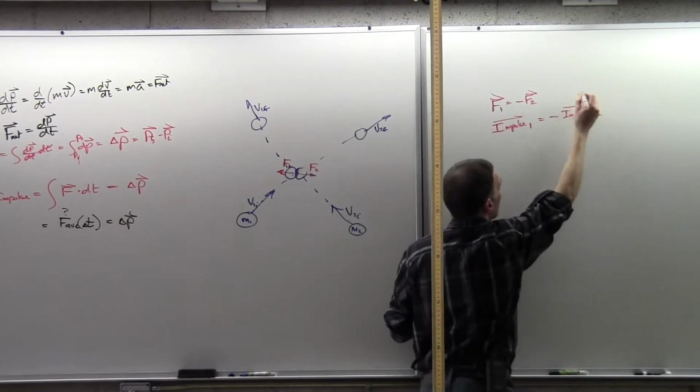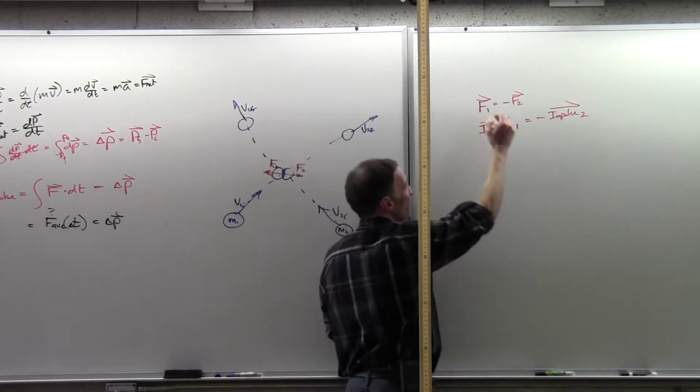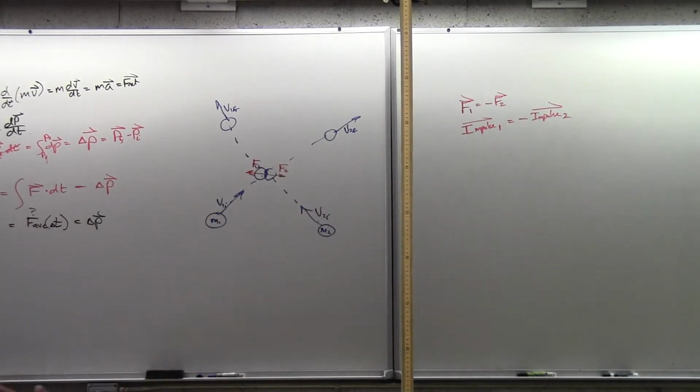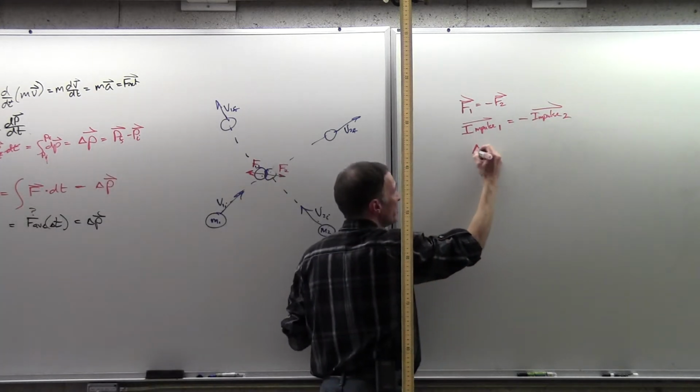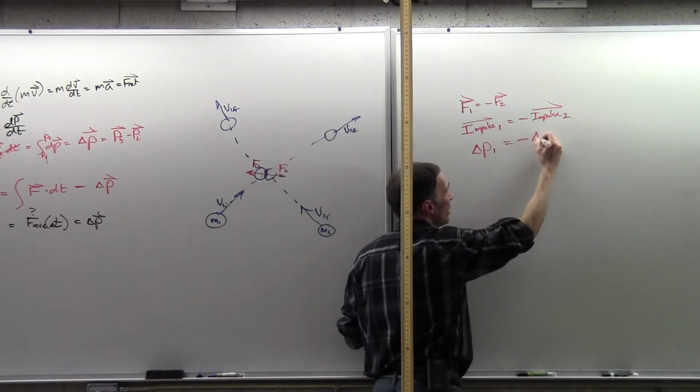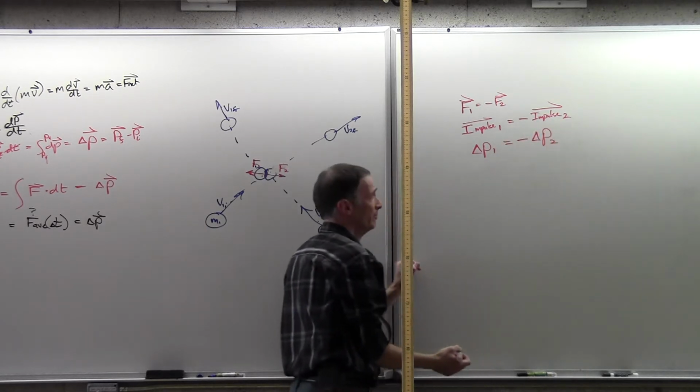Again, these are going to be vectors, simply because the forces are equal and opposite. The impulse on ball 1, we go back to this impulse-momentum, that should be equal to your change in momentum of ball 1, is equal and opposite the change in the momentum of ball 2.